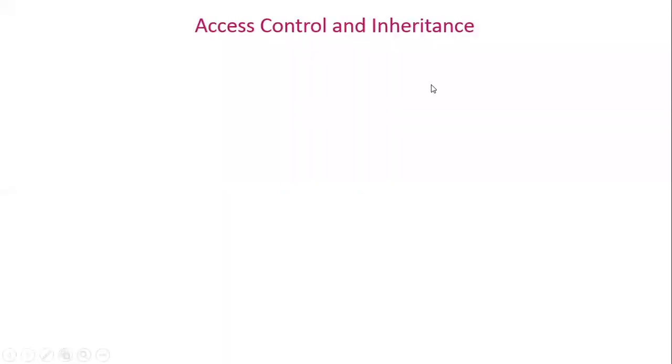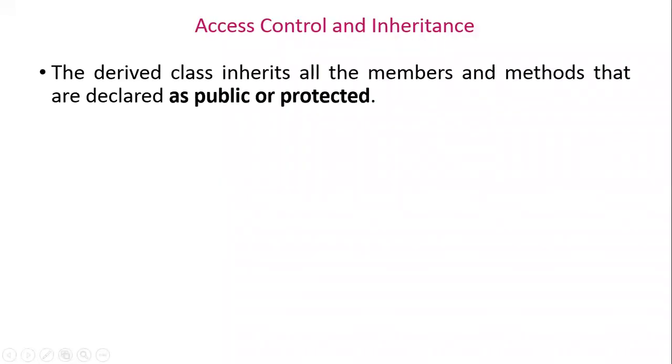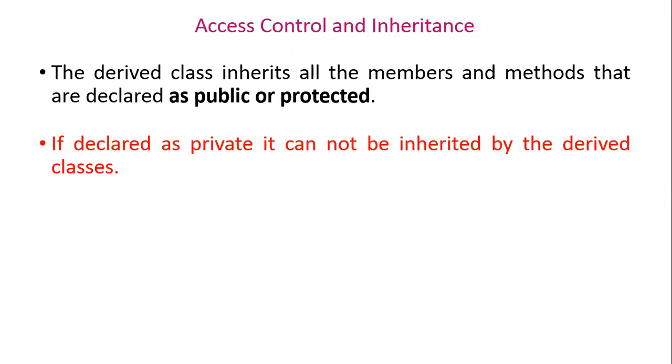So next is access control and inheritance. The derived class inherits all the members and methods that are declared as public or protected. So it can inherit all non-private members. It cannot inherit the members or methods which are declared as private.